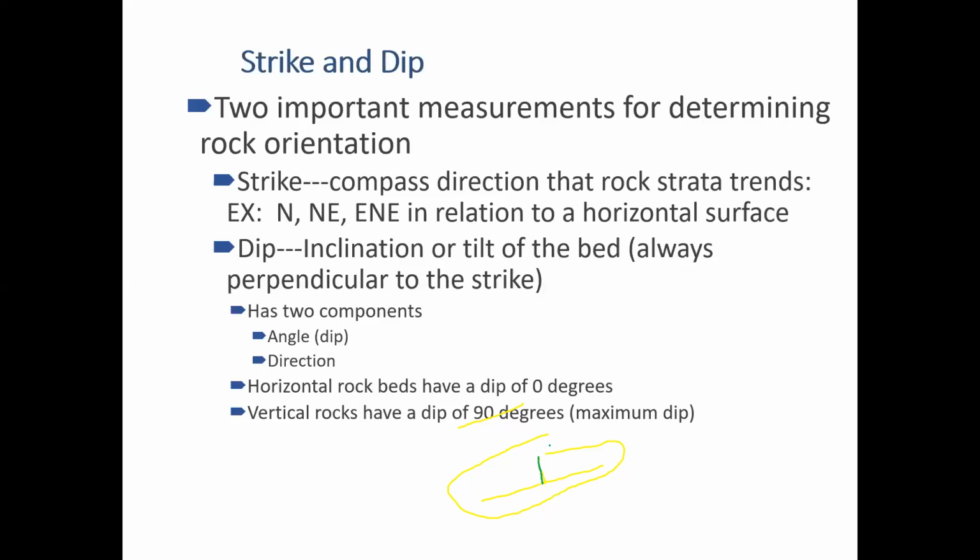And then there will be a number on this. It might be 30 degrees, and that would tell me that the rock is tilting 30 degrees to basically the north, a little bit west of north. But that's what those symbols show.